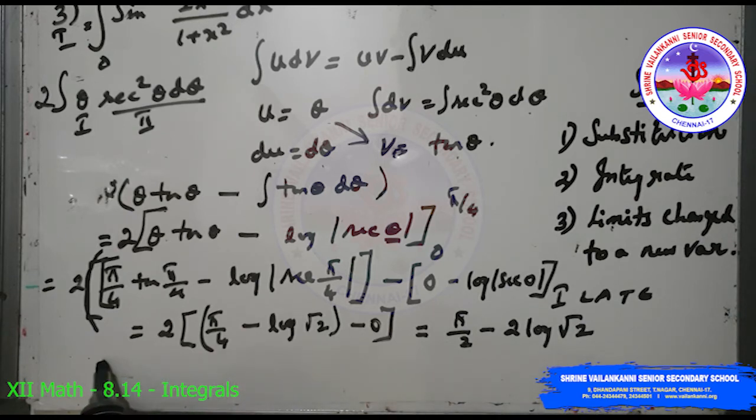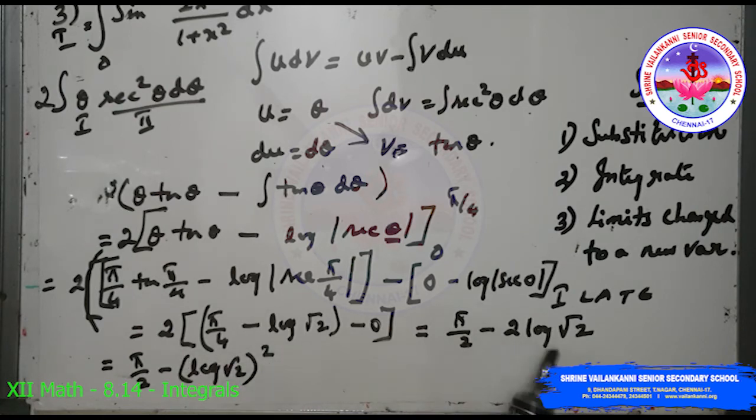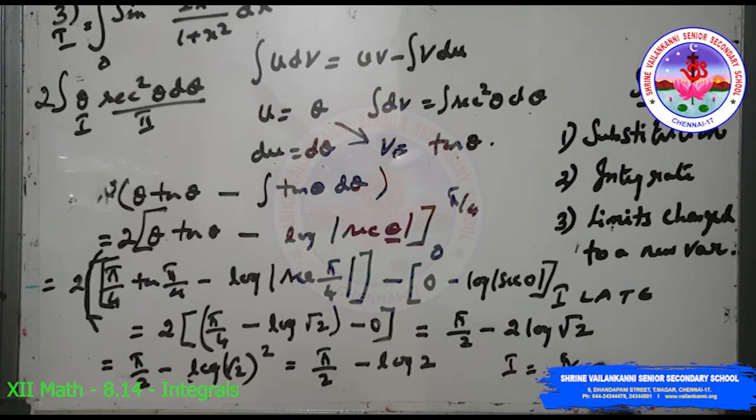Which is equal to pi by 2 minus log root 2 whole square, that is m into log m, which is log m whole power m. So pi by 2 minus log root 2 whole square, which is 2. So pi by 2 minus log 2. So I equal to pi by 2 minus log 2.